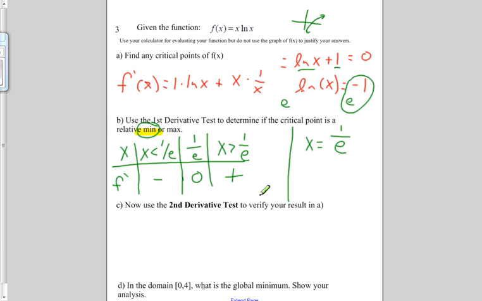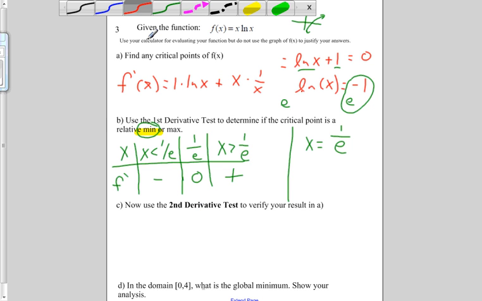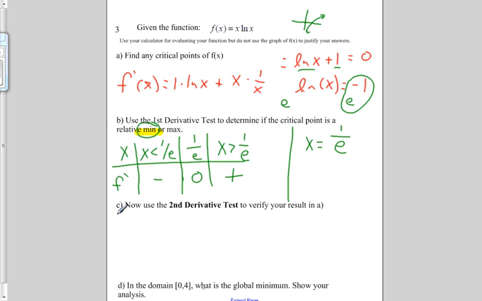Now let's verify that result with a second derivative test. And the second derivative test, I think you'll like a lot more. The second derivative test says, well, if my derivative is ln x plus 1, my second derivative is going to equal the derivative of ln x, which is 1 over x.